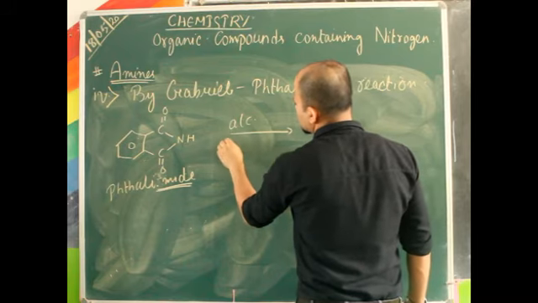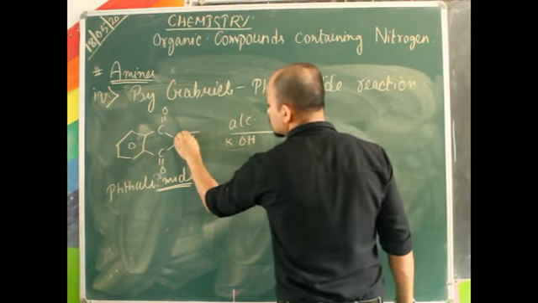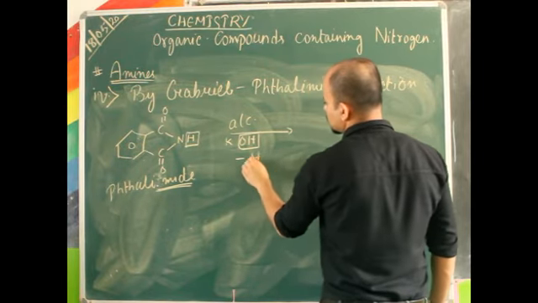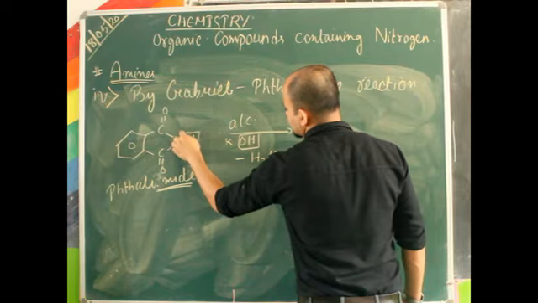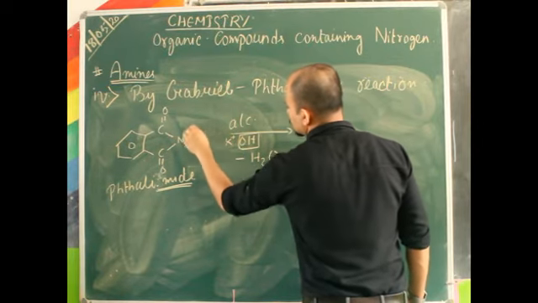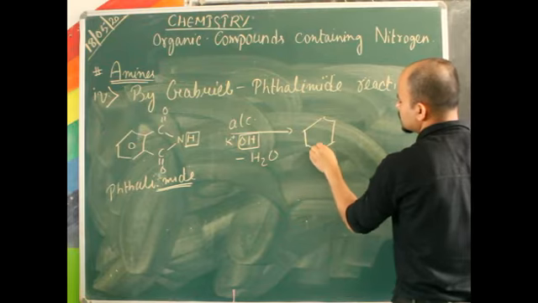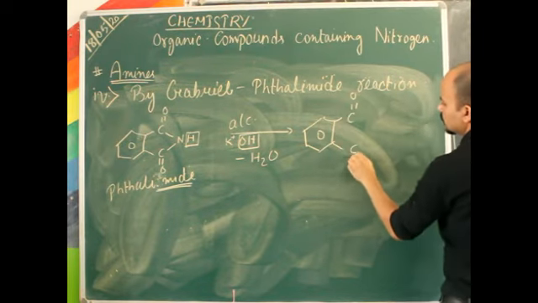Alcoholic KOH. What will happen? This hydrogen and this OH will come out as water, therefore minus water. And since this is negative, this positive sign will go and get nearer to that particular nitrogen, which is negatively charged. C double bond O, C double bond O.